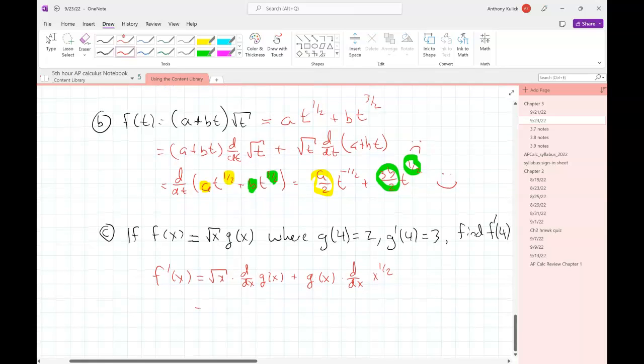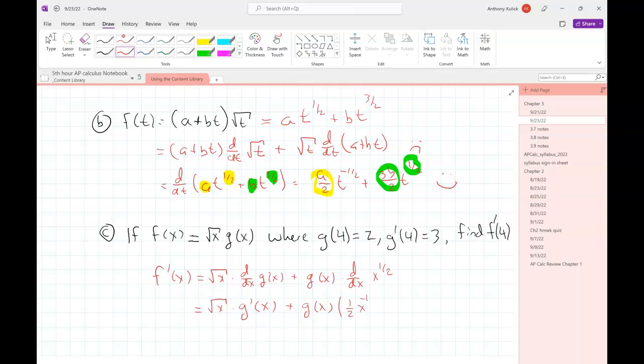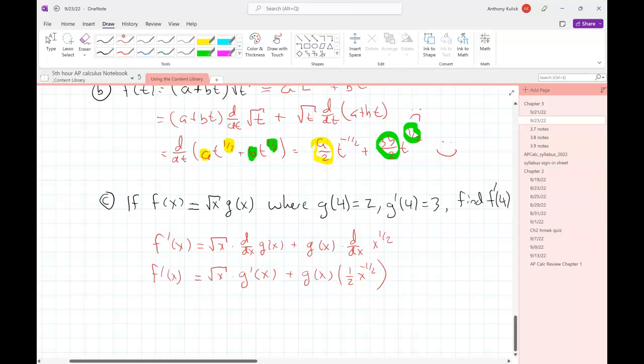Let's take some derivatives now. So the derivative of g of x, I'm just going to write as g prime. The derivative of x to the 1/2 is going to be 1/2 x to the negative 1/2. Everybody feels good so far?